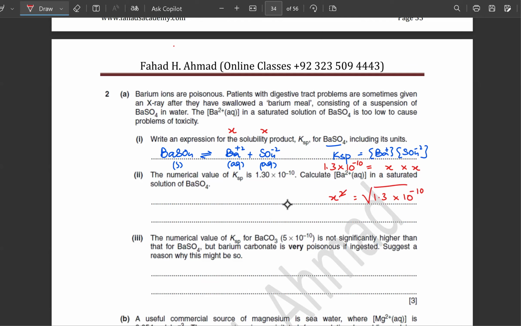What do you get? 1.14 multiplied by 10 power minus 5 mole per dm cube, which is a very small value, which means that barium sulfate is not really very soluble. It does not produce a lot of ions. Okay, is this clear?